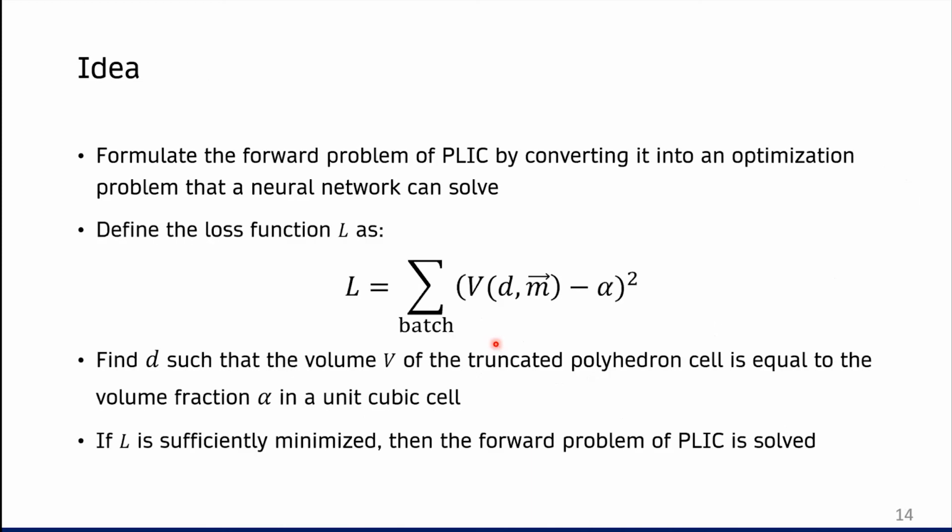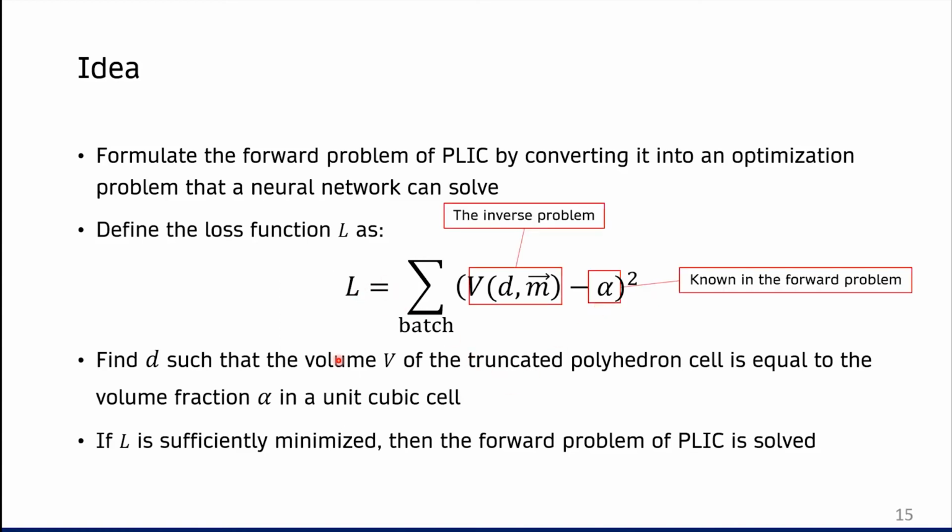Now the idea is how we can utilize this simple inverse problem to solve the forward problem directly. What we did was convert this PLIC problem into an optimization problem that a neural network can solve. We define a loss function that is simply the difference between the real volume underneath the plane, V, and alpha, which was given to the neural network.